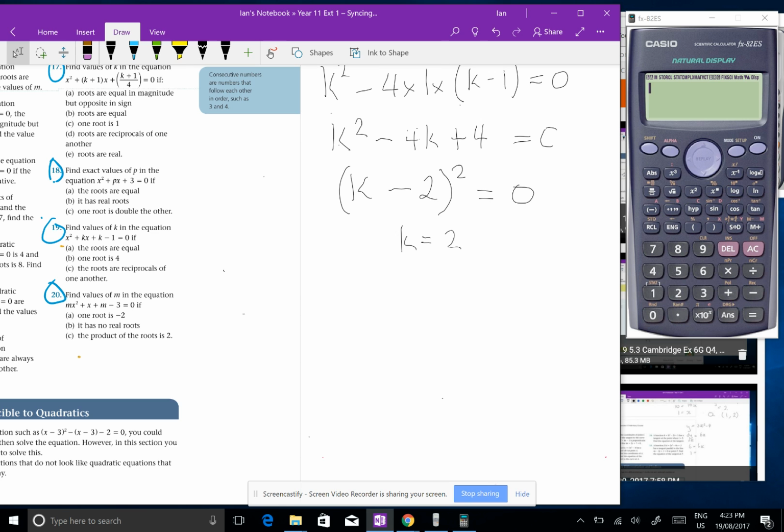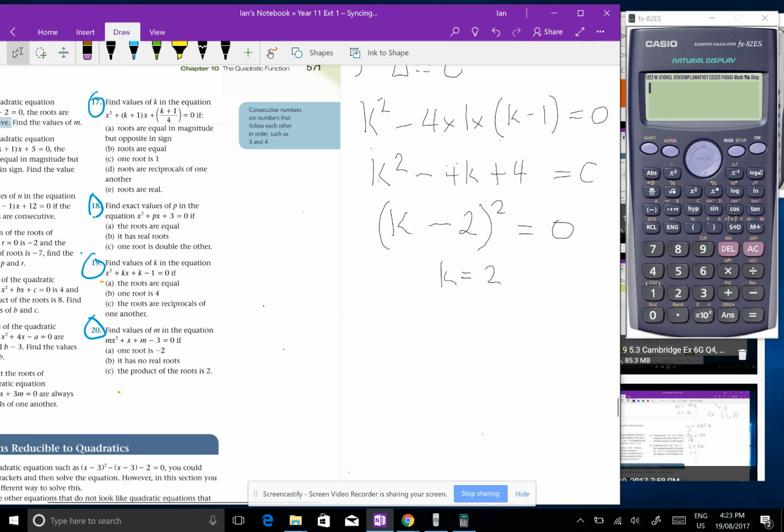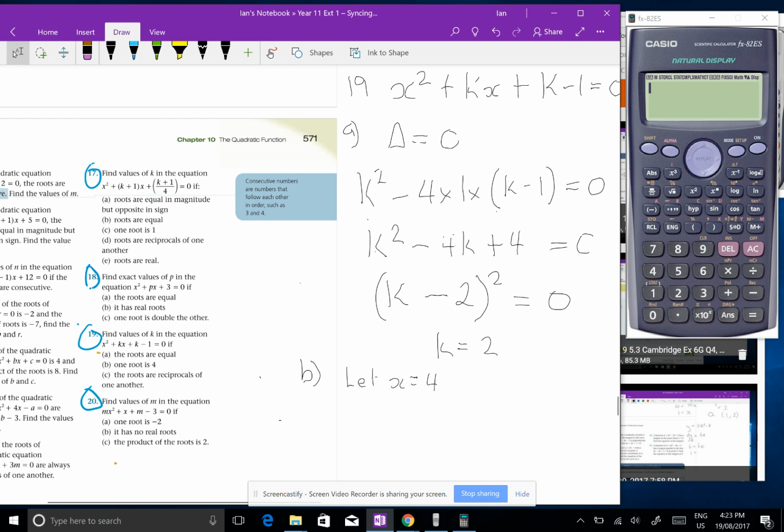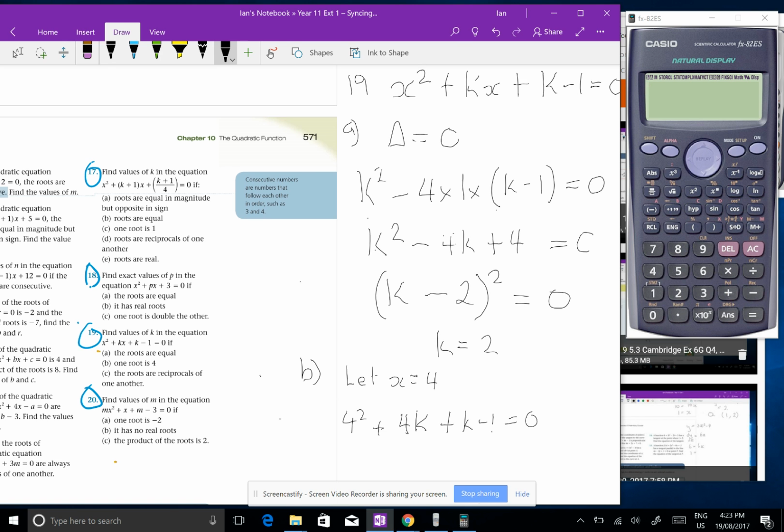The next one, one of the roots is 4. Well, again, let's not do more work than we have to. If we know that one of the roots is 4, well, we'll let x equal 4 and solve it. So we get 4 squared plus 4k plus k minus 1 equals 0.